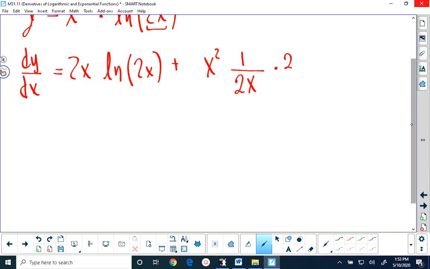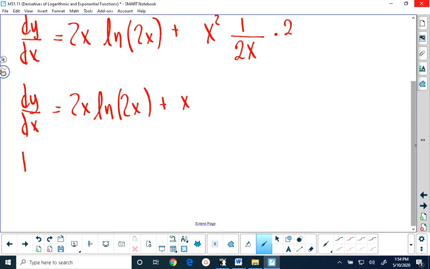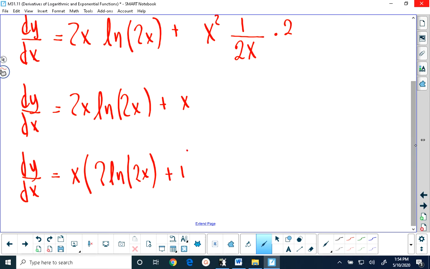We've got in the second term a couple of things that cancel, an x and a 2, which gives us dy dx equals 2x ln of 2x plus x. So dy dx equals x multiplied by 2 ln of 2x plus 1.